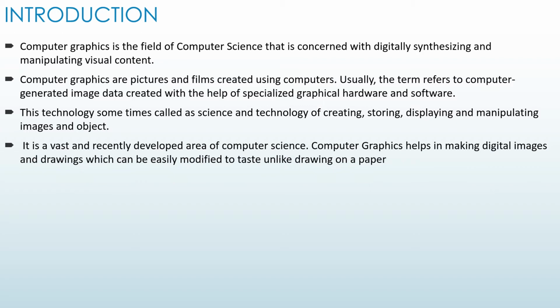So here, with the vast and recent development in areas of computer science, computer graphics has made digital images and drawings easy to modify without any paperwork. What happened here is that computer graphics has made a drastic change in the latest era.